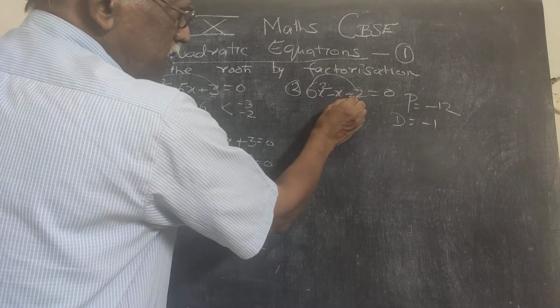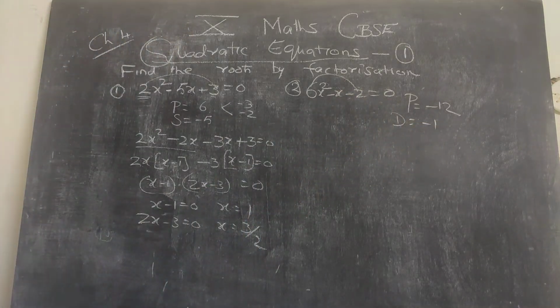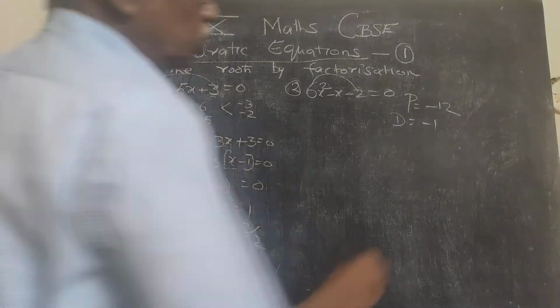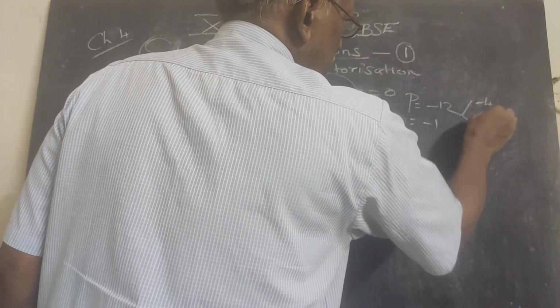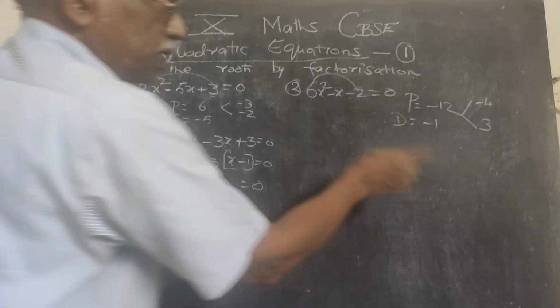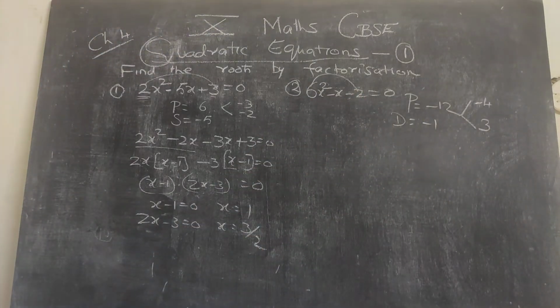Since it is minus, the difference of two numbers should be minus 1. So you take this as minus 4 and plus 3. Minus 4 into plus 3 is minus 12. And minus 4 plus 3 is minus 1. So the numbers satisfy both the conditions.